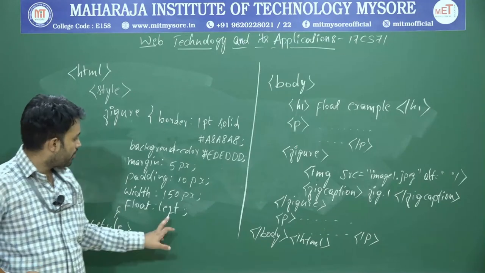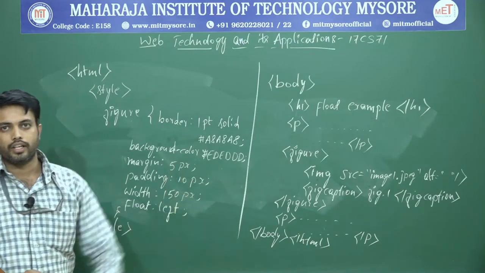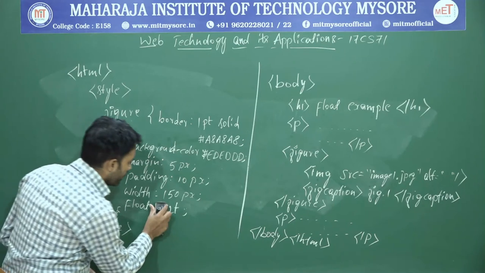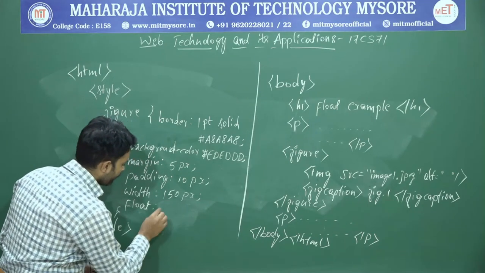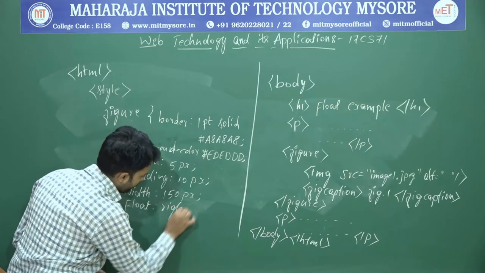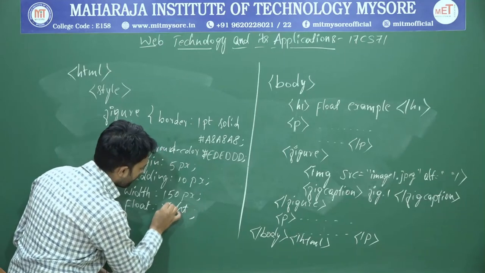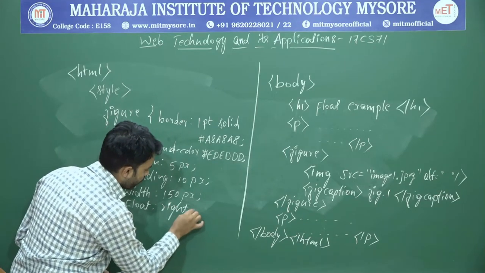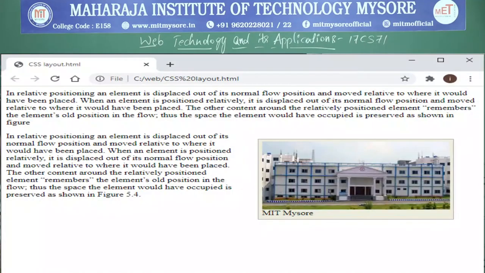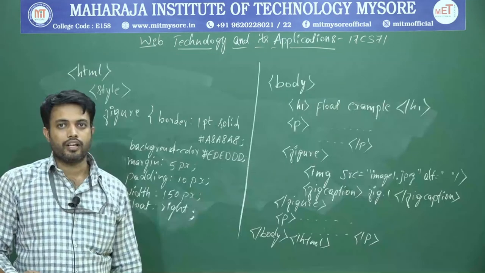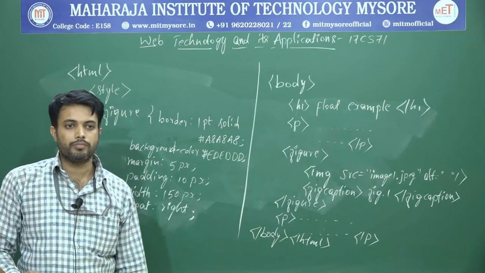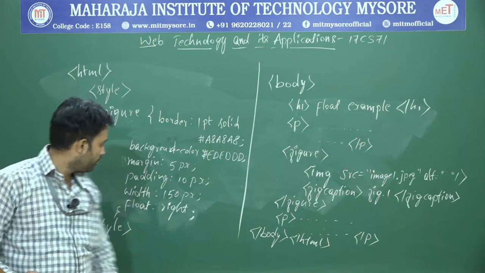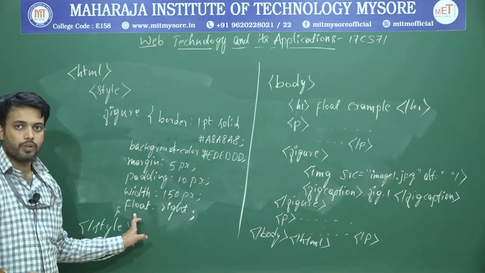So what about if it is right? It will come to the right side. So now I'll modify the same program to the right. Now you can notice that there is an image on the right side of the screen. So that is what float is.